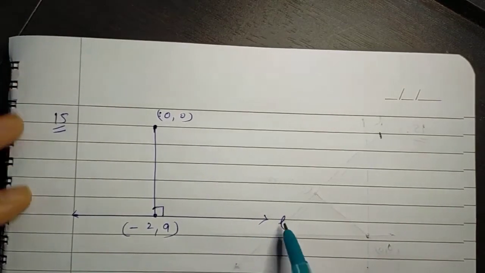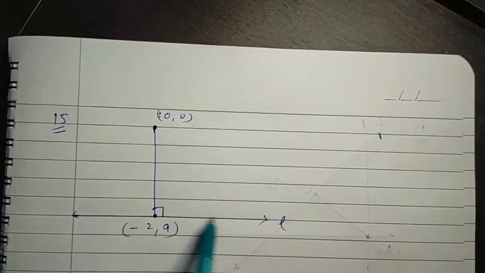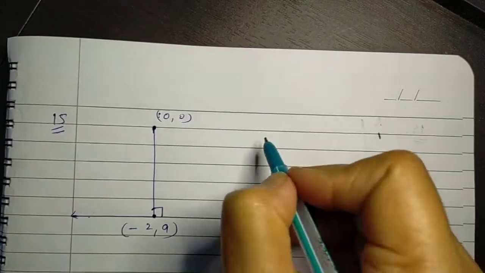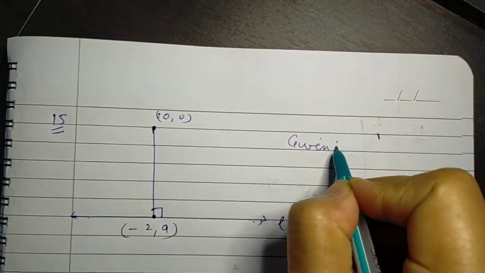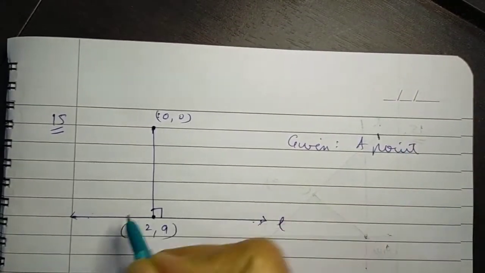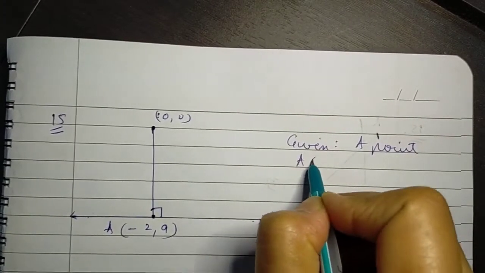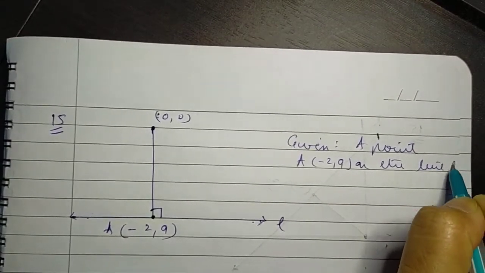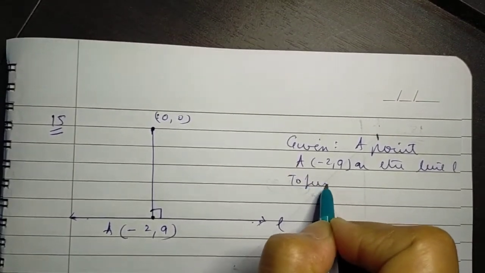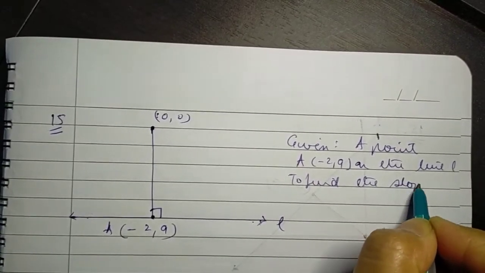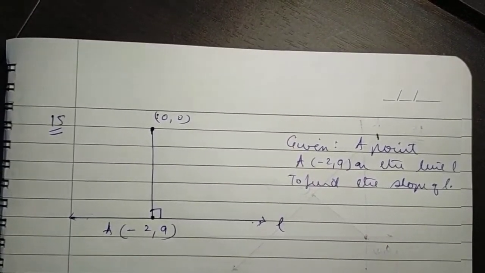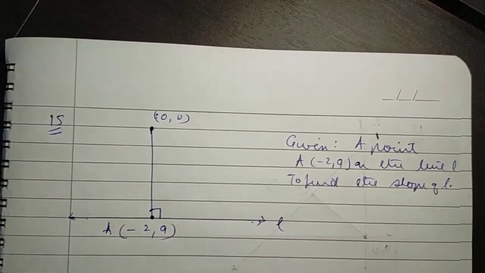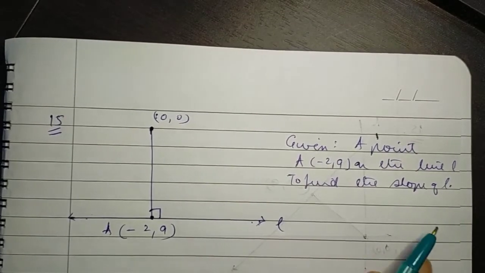Now again, what is given to us? The equation of this line is required. We already know a point. So what is given? A point, let's call it A, (minus 2, 9) on the line L. We need to find the slope of L, because if we can find the slope of the line L, we can use the point slope form and hence get the equation of the line.